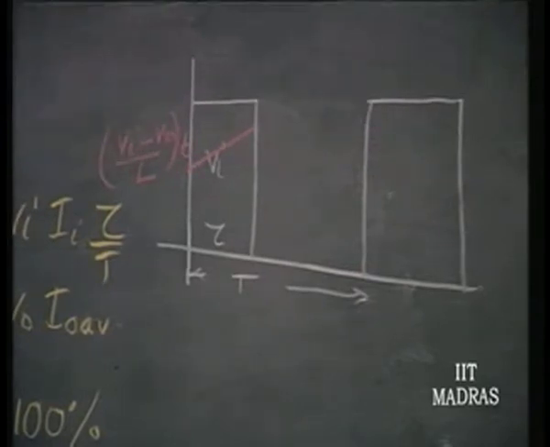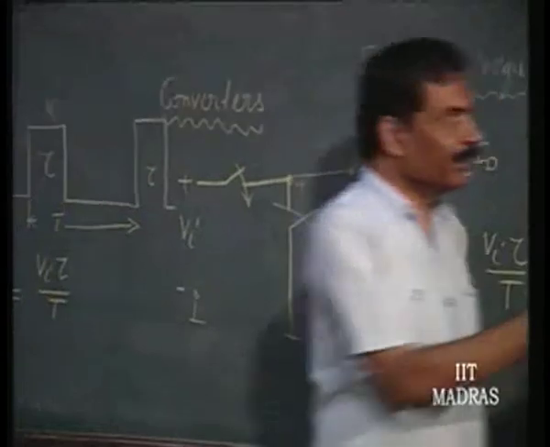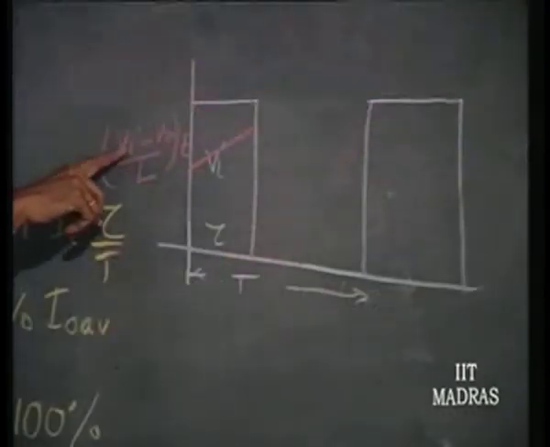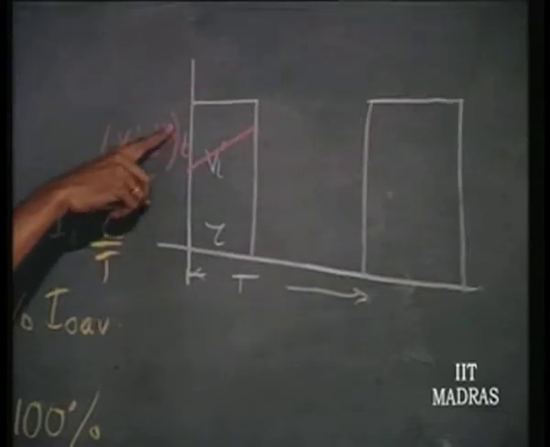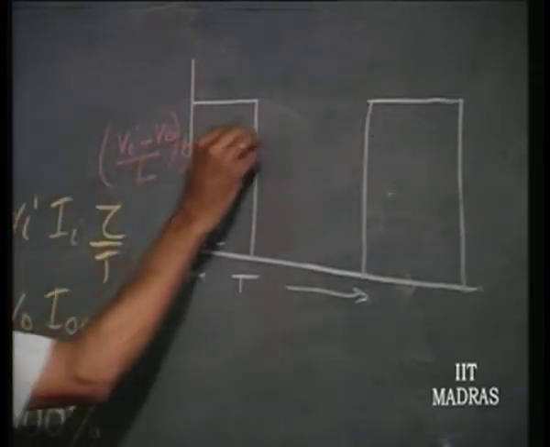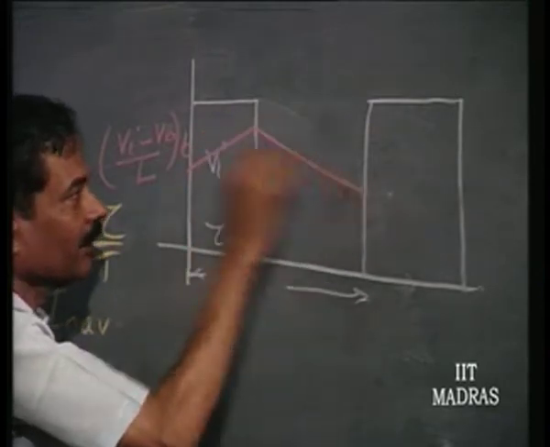I have already assumed steady state solution. That is why I am assuming V naught to be already a DC. That means, when it is off, what will be the voltage? V I is 0, V naught is remaining V naught. So, it is minus V naught by L into T. What does it mean? The current is decreasing.